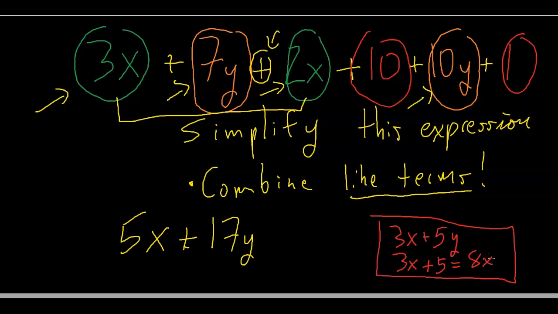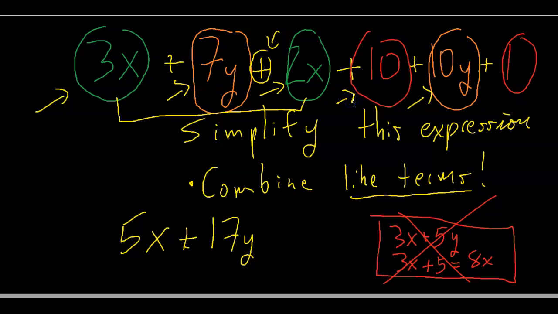If you have 3 x's over here and just 5 1's on the other side, you can't combine x's with constant terms. You have to make sure that whenever you're combining your terms, they have the exact same variable factors.